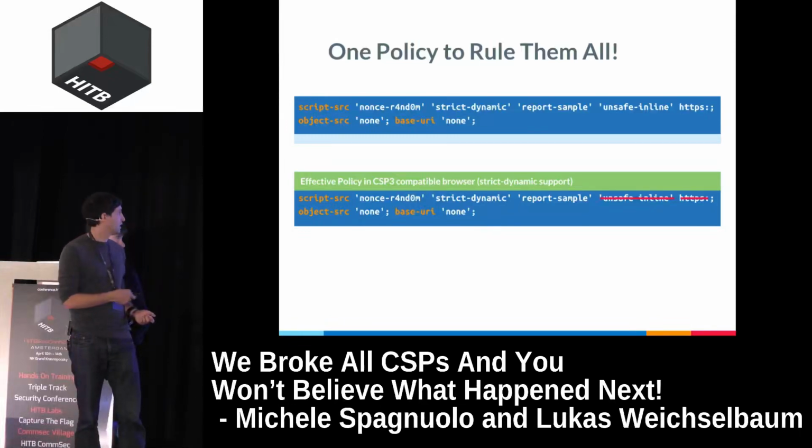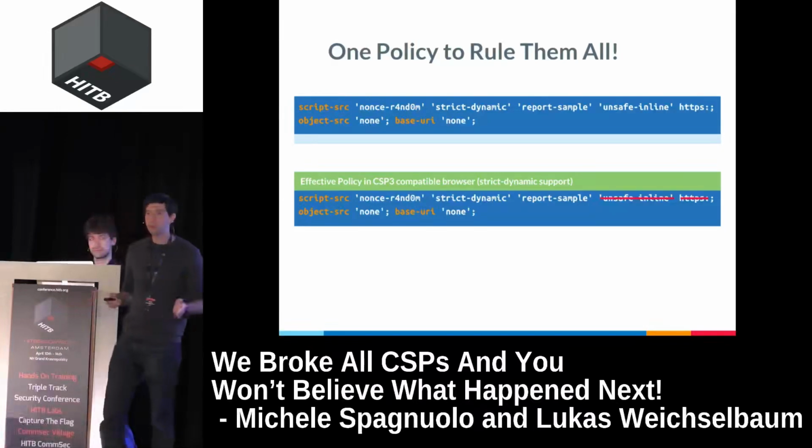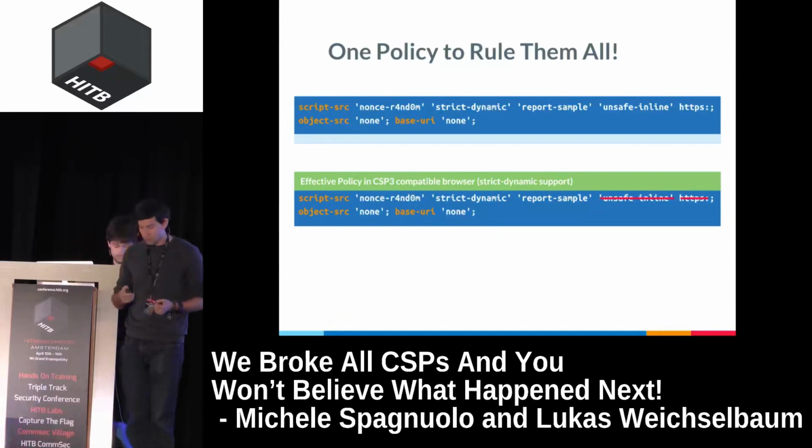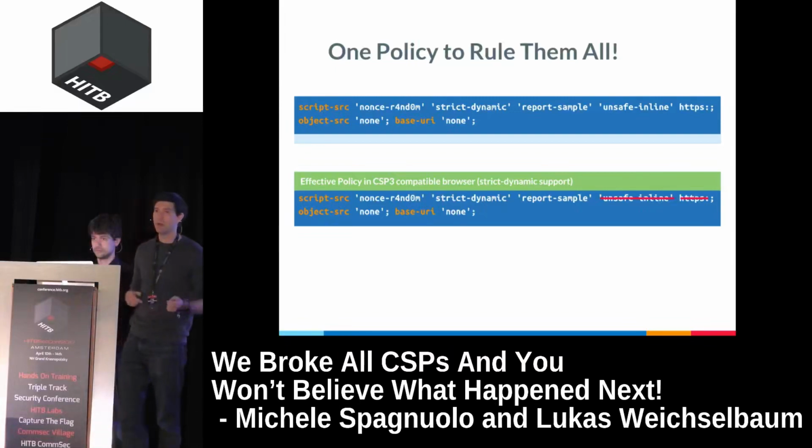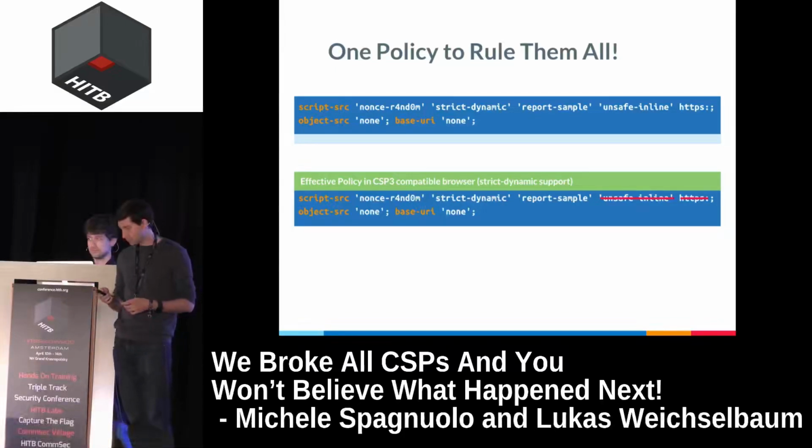Firefox or Chrome, who understand CSP3, they will drop unsafe inline and they will drop the whitelist. So for them, the effective policy is actually a very useful, secure policy. And it's also very important, we have to add object source none and base URI none to prevent other sorts of bypasses, which is usually not a problem for most applications.